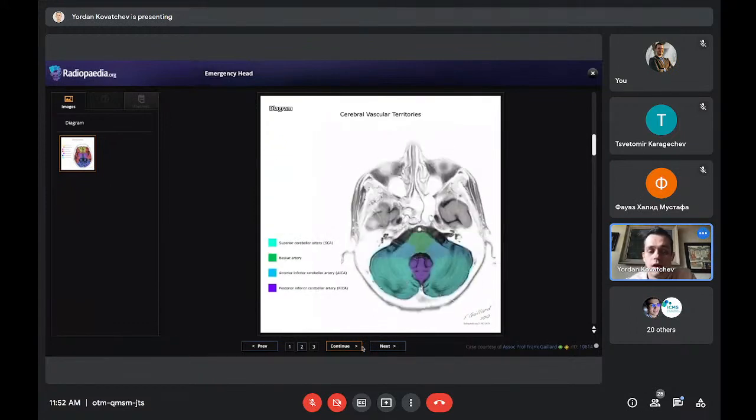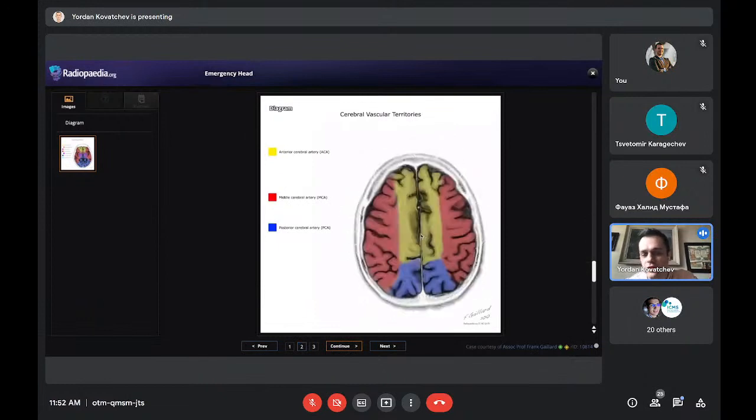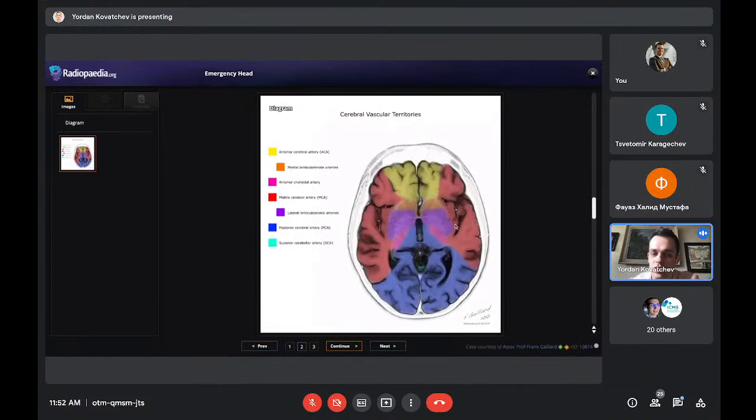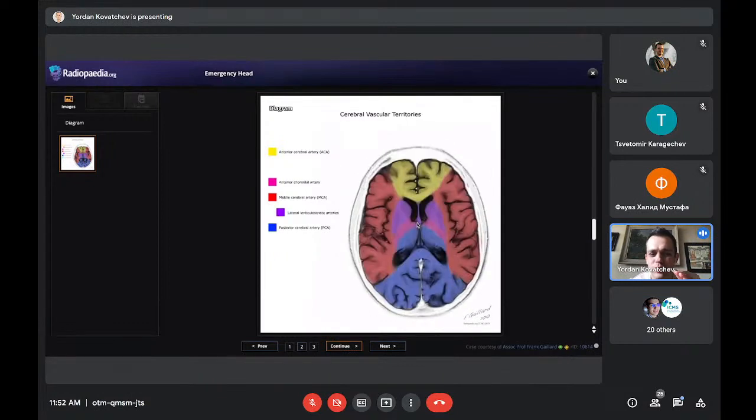So you can save this. It's really cool as a reference, because when you open any head CT and you see a change, you can relate to this article and think about which vascular territory is affected. So right now, just try to remember the vascular territory of the MCA on both sides.